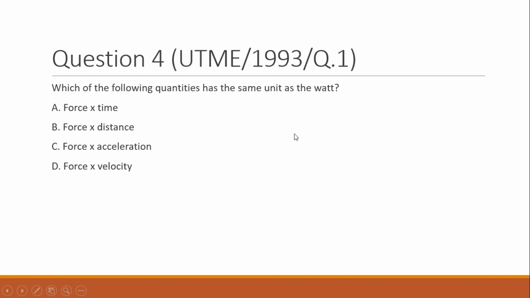So if you take the distance at the numerator and the time at the denominator, distance divided by time gives us velocity. So we now have force times velocity. We have the same units as watt. So the answer is D.